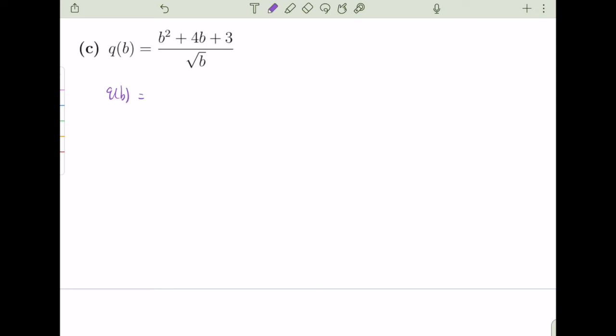So now we have b squared plus 4b plus 3 divided by b to the 1 over 2, because the square root is essentially 1 over 2 in the power. And now we split these terms.